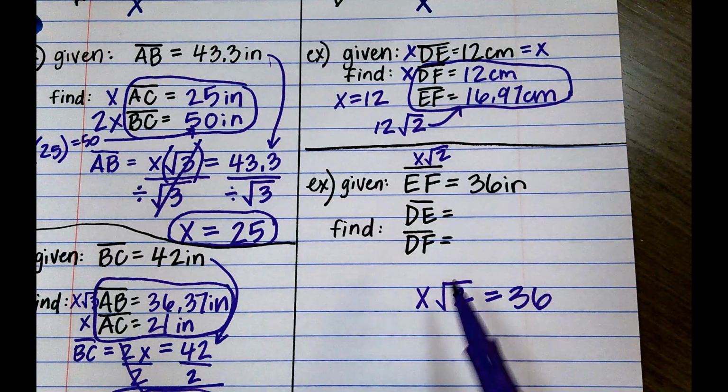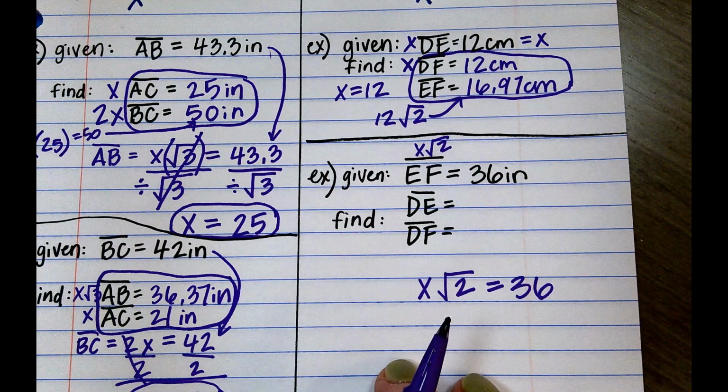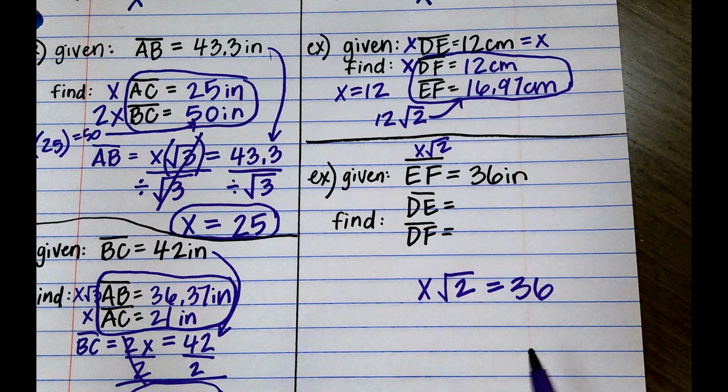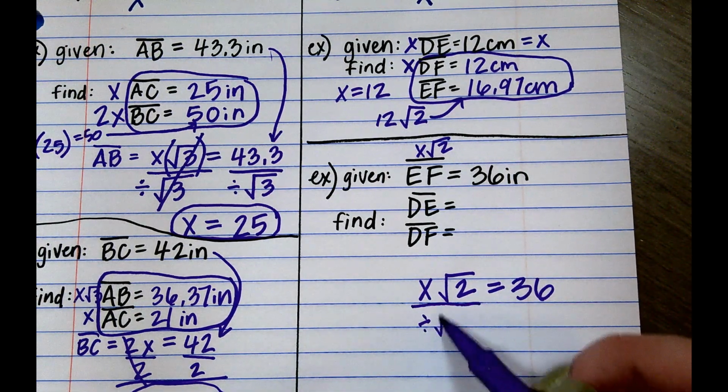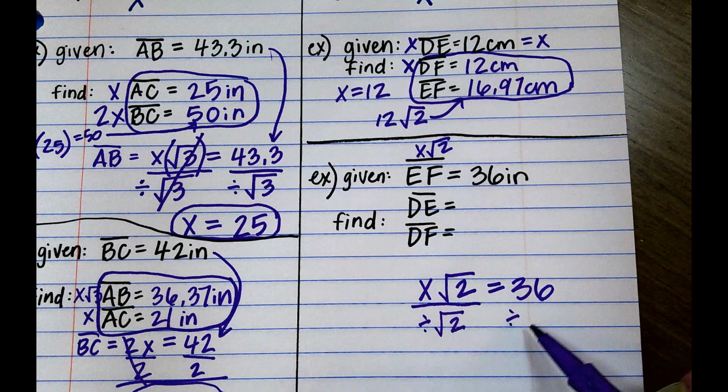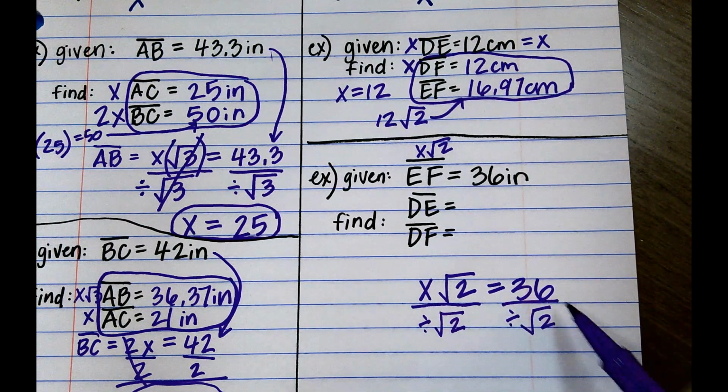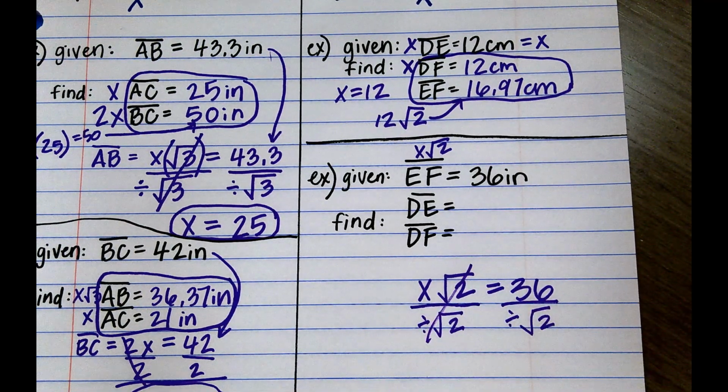From there, remember, this just means x times the square root of 2. How do I get rid of that square root of 2? Divide both sides.